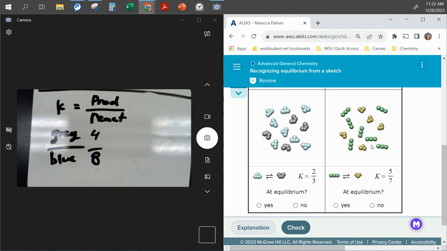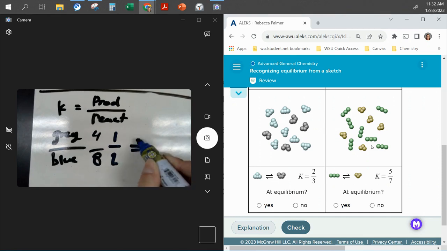I'm not very consistent in counting, so that's something I would check. Okay, and then if I simplify this, this is 1 over 2. So that does not equal the equilibrium expression that they gave me. So at equilibrium, this would be the ratio. So this is not at equilibrium. Does that make sense?